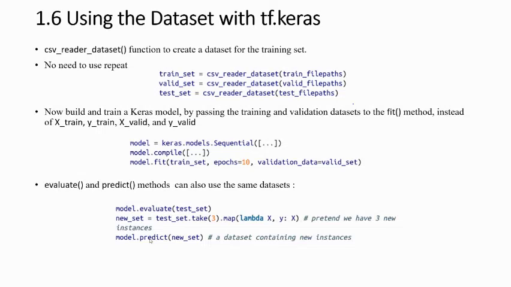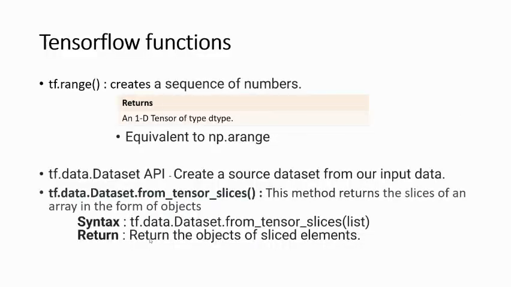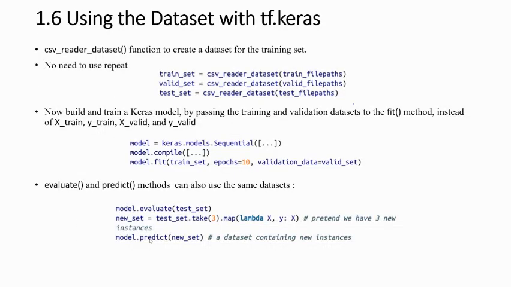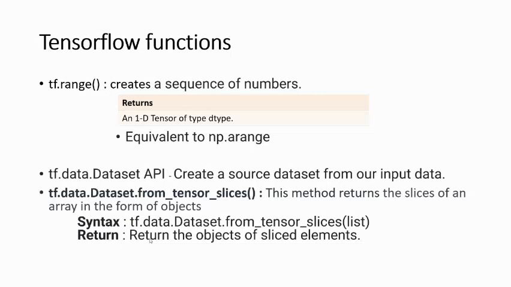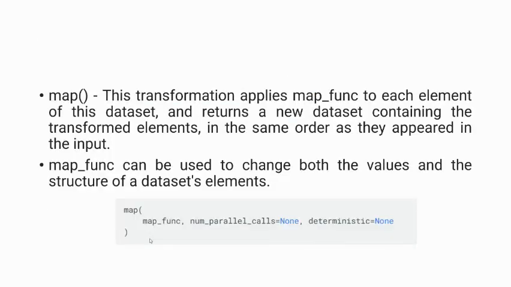That completes your data API, which is part of the third unit, part B. In the next slide, there are a few TensorFlow functions. Just go through them, like what map does, what range does, and shuffle. That completes your first topic, that is data API.